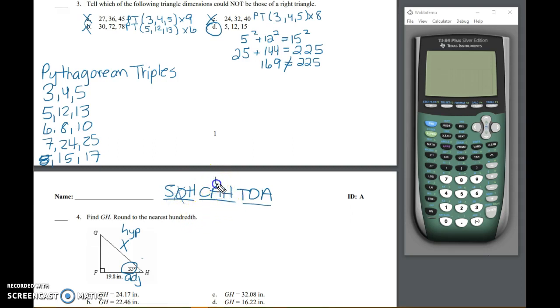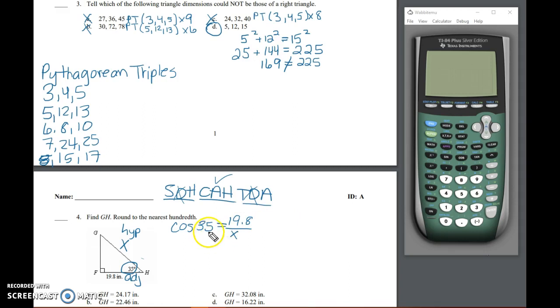Cosine has adjacent and hypotenuse, so I could use that one. Tangent has opposite and adjacent, but I don't have the opposite side. So it looks like I need to use cosine. So cosine of 35 degrees equals the adjacent side, 19.8, over x, the side I'm trying to find.